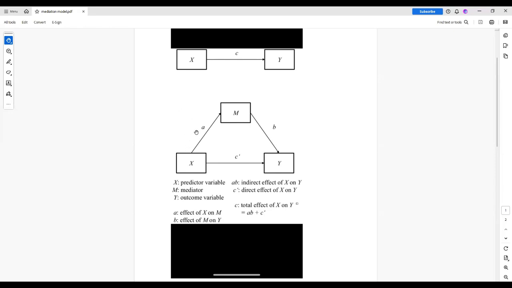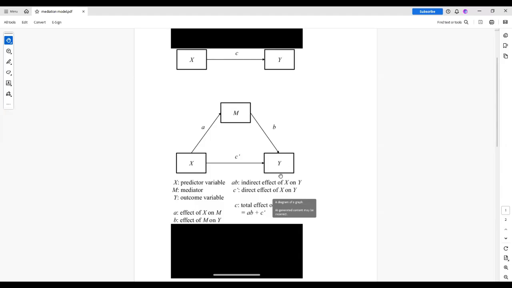However, please note that for path AB to be significant, we usually expect that our paths A and B also need to be significant. It's very rare. I don't say that it's impossible, but it's very rare to have an insignificant path here and then have a significant indirect path, that is AB.